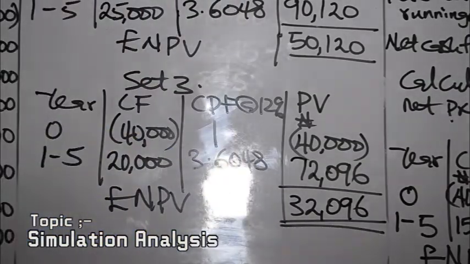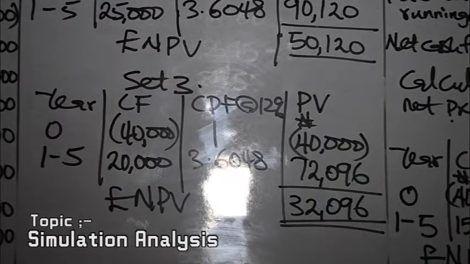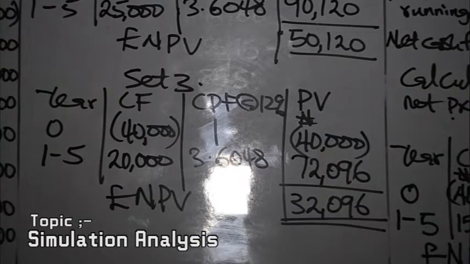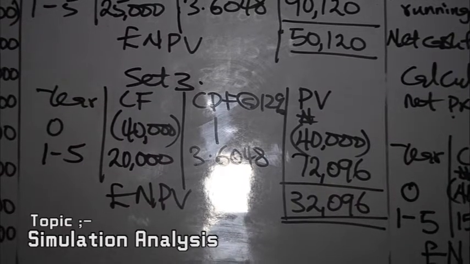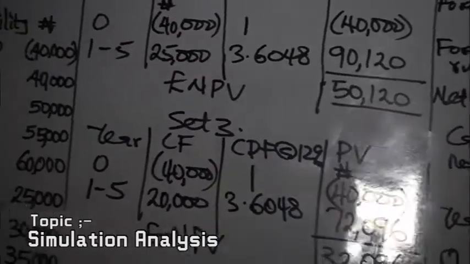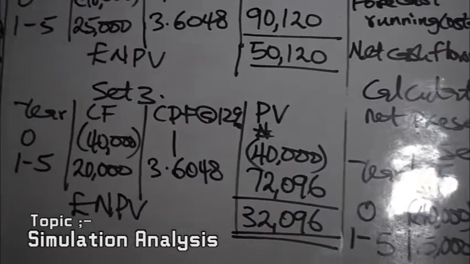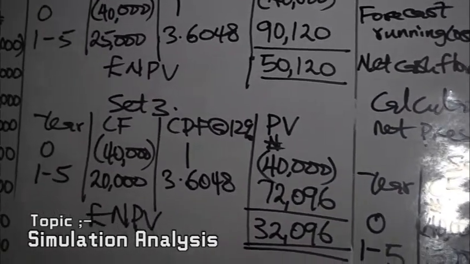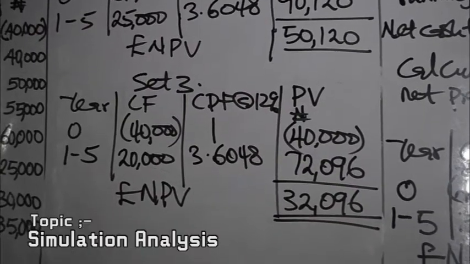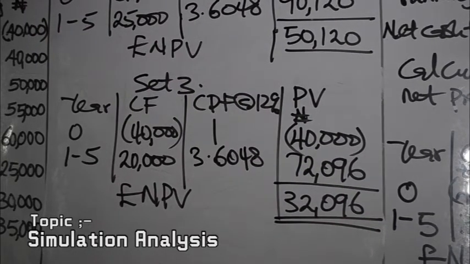32,096. The next thing is to calculate the expected net present value for the overall project. You calculate it by taking the simple average of the expected net present values of the 3 sets of cash flows.